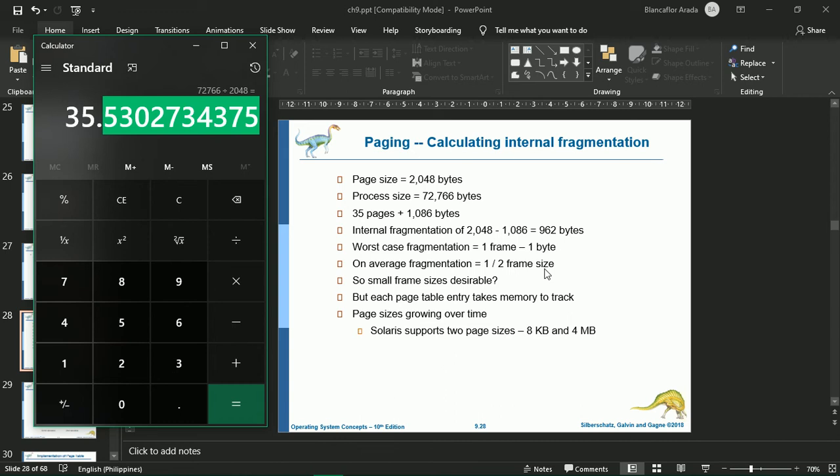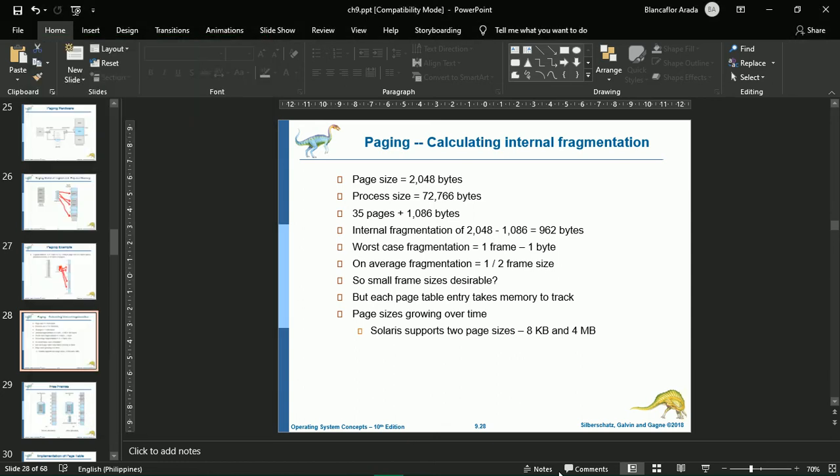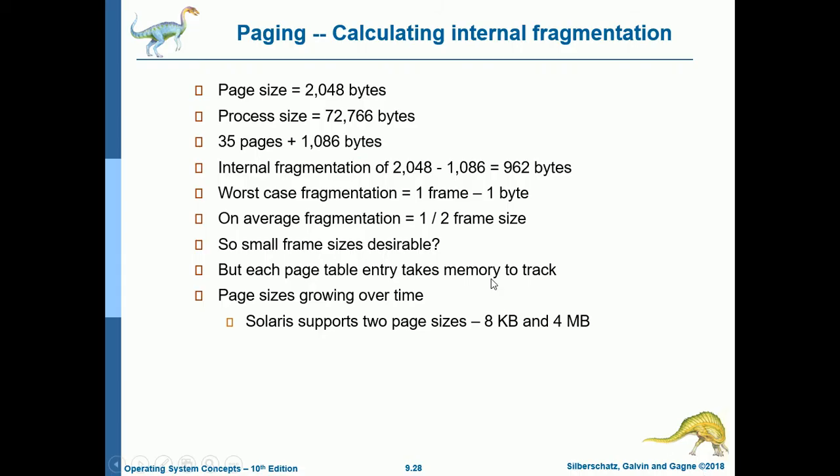As much as possible, it is convenient to have frame sizes that are big enough to accommodate processes with big sizes for pages. For example, Solaris supports two page sizes, 8 kilobytes and 4 megabytes. Let's go back to our presentation.